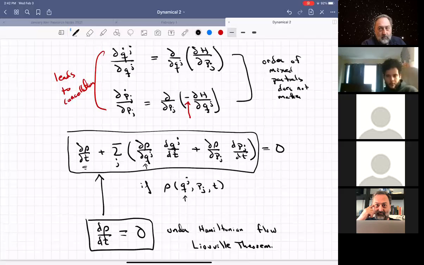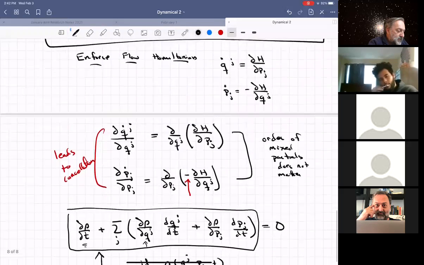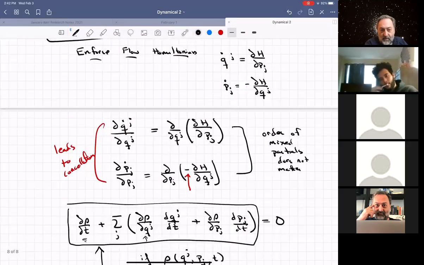That okay? Sounds good. If the flow is therefore d rho dt equal to 0, is there a conserved quantity? Well, yeah, the density of states in the space is a conserved quantity.